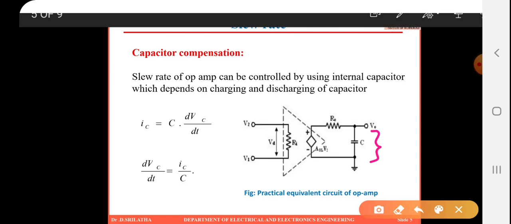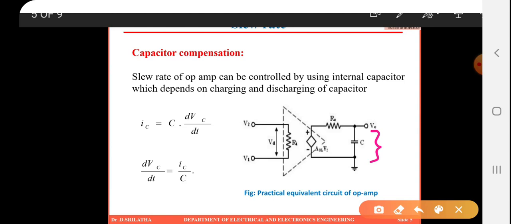This capacitor is incorporated for compensation, that is for frequency compensation, in order to get better gain as well as bandwidth from the op amp. But due to this internal compensation capacitor, the output of the op amp slowly rises and slowly falls down. So that is the reason for the existence of slew rate in case of op amp.